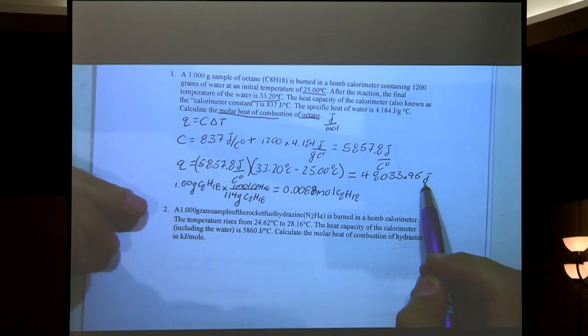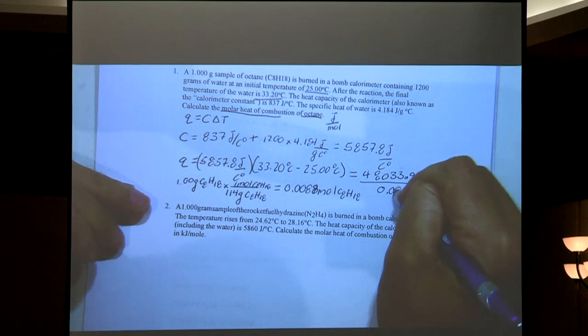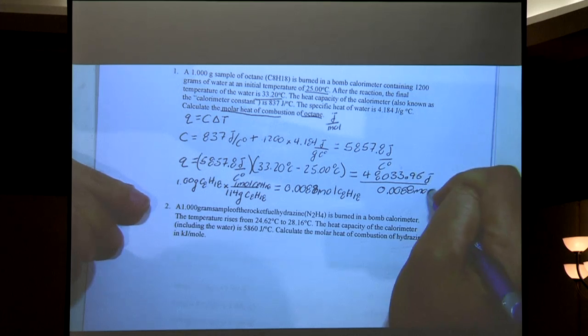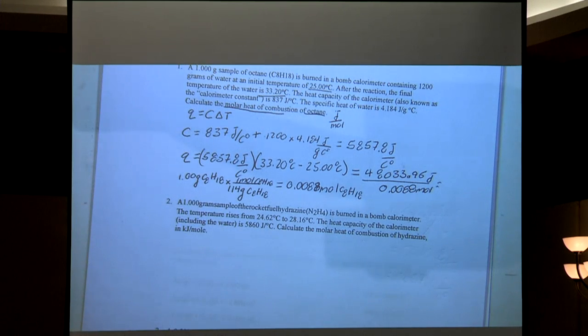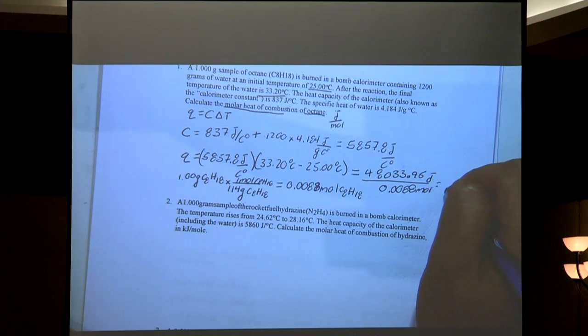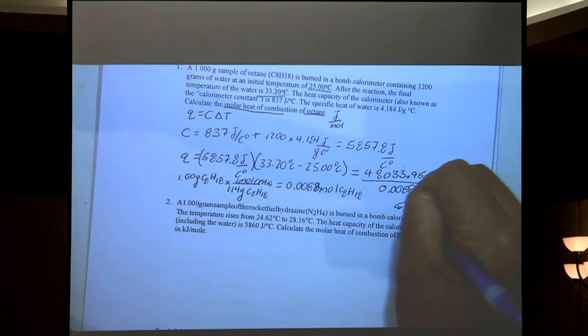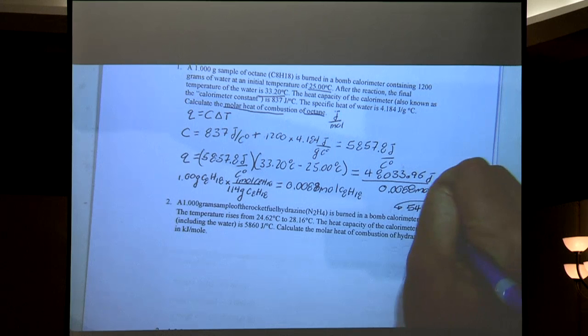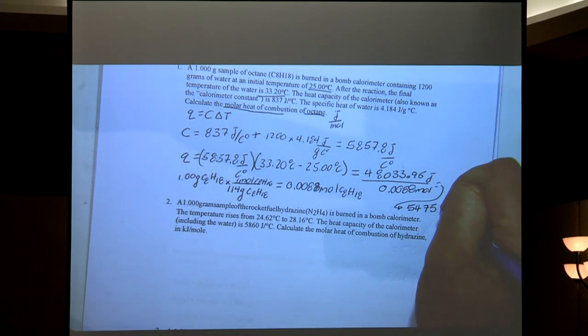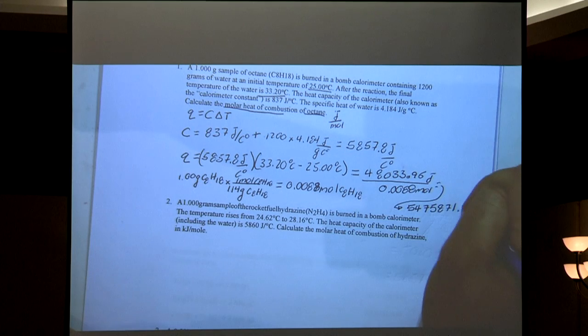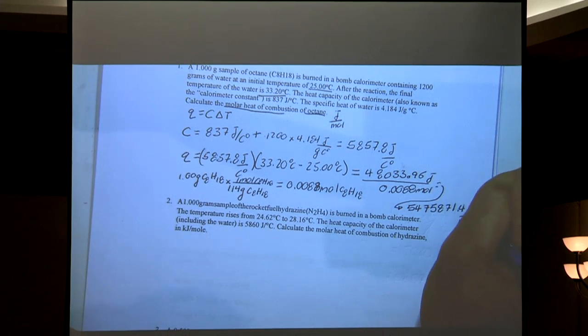So we have joules on the top. We need to divide by our amount of moles, 0.0088 moles, and we're going to get our joules per mole. So it's 48033.96 divided by my answer, which is going to give us, I'm going to write it down here because it's a big number, 5475871.4 joules per mole.